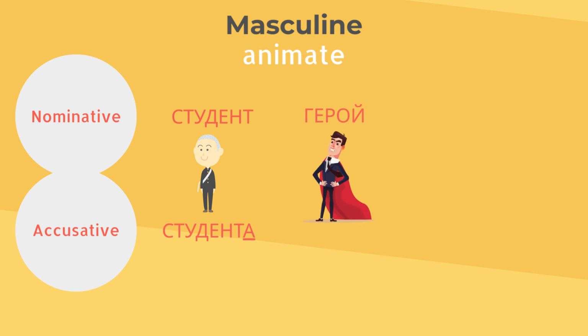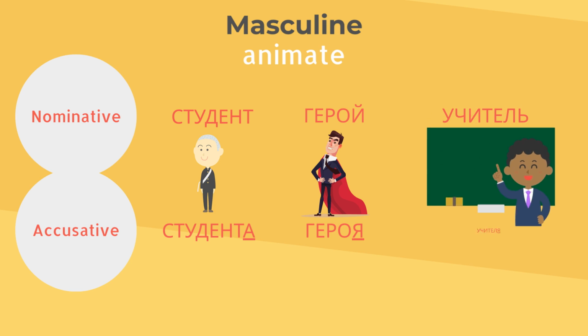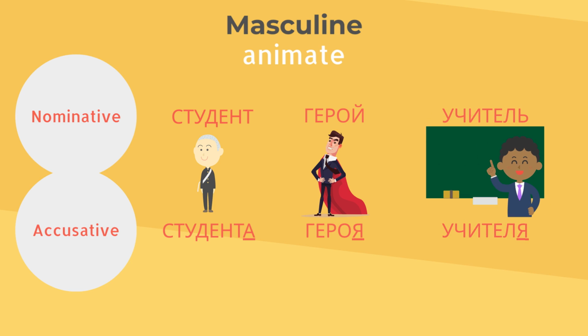Герой, героя. Учитель, учителя. So we added "а" to the nouns which end in a consonant and changed й and the soft sign to я.